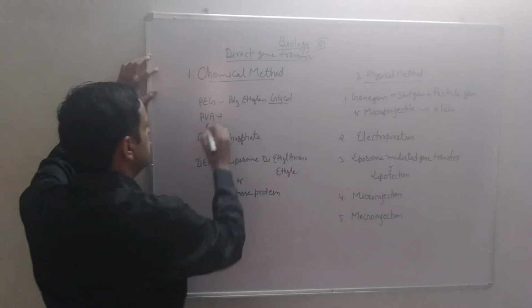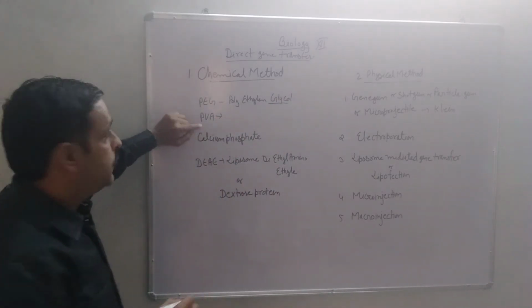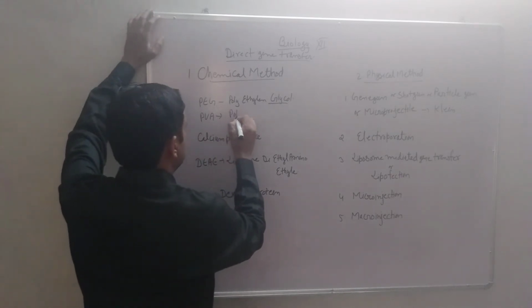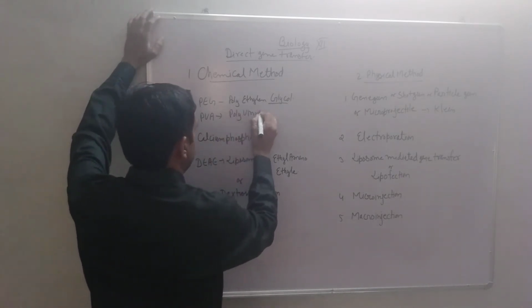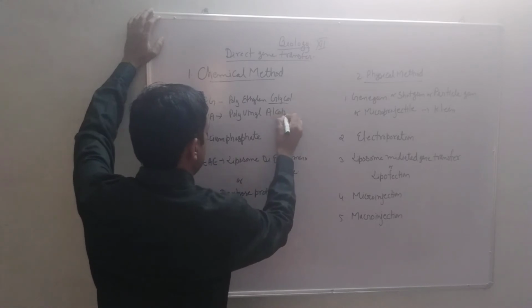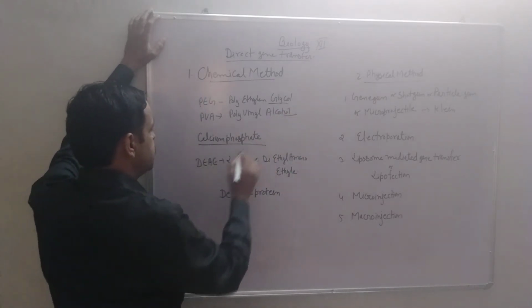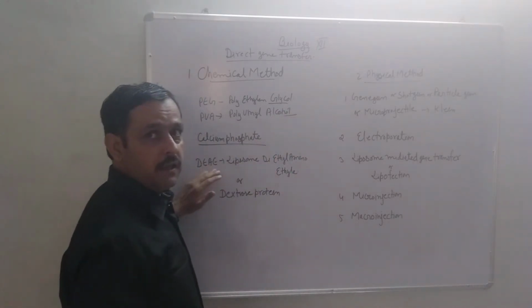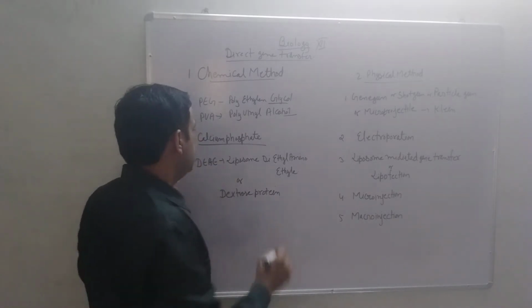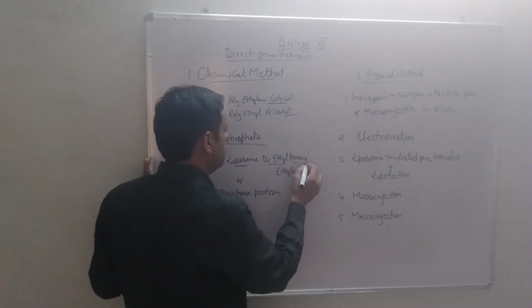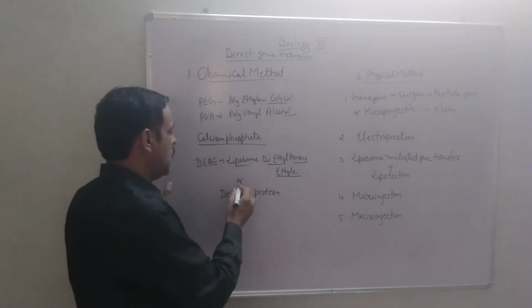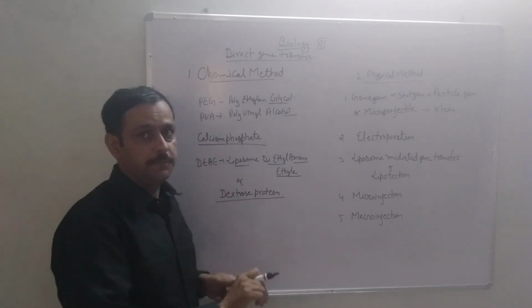PVA, polyvinyl alcohol, calcium phosphate, DEAE. What is the full form of DEAE? Liposome, diethyl aminoethyl dextran or dextrose protein.